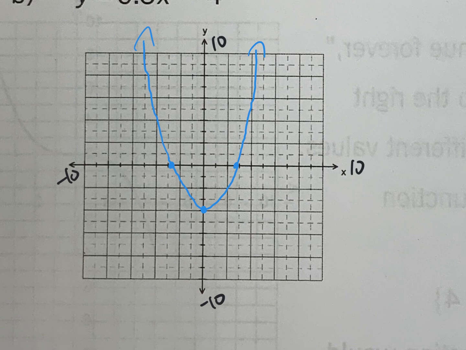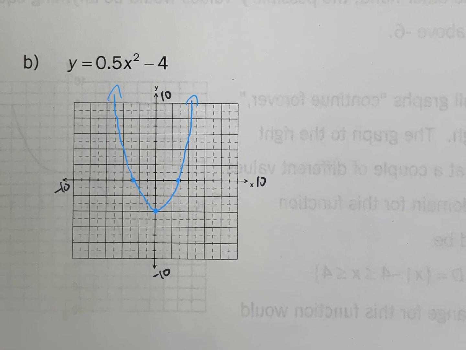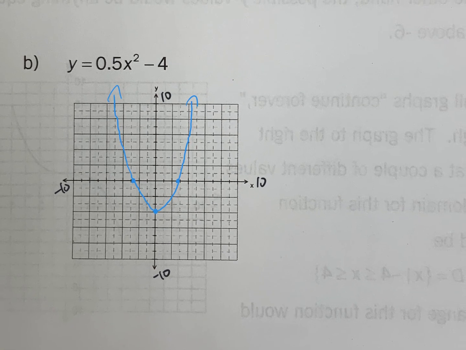Now that we have our points, we can figure out what the domain and the range is. So now let's talk about the domain and range. What's the domain here? First of all, do we want to do set or interval? Interval. Okay, what's the domain then?